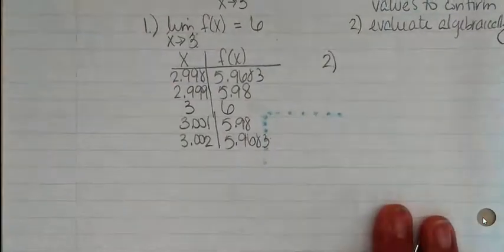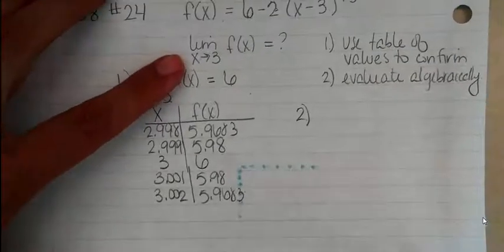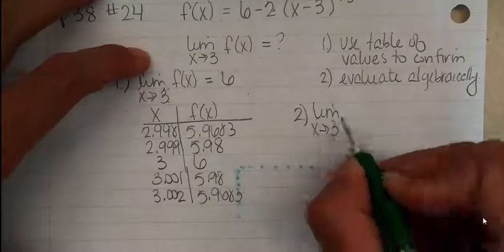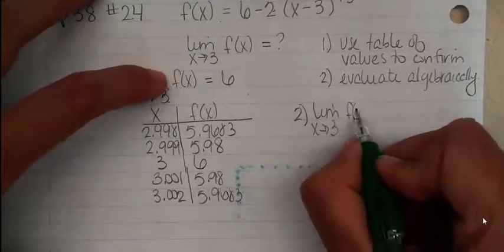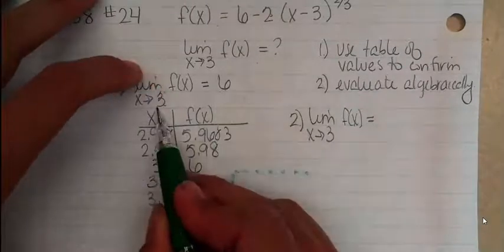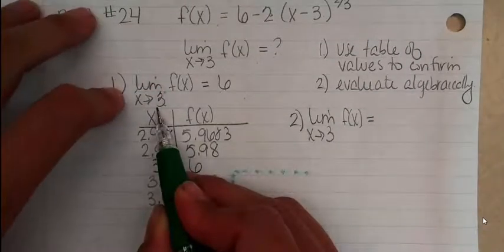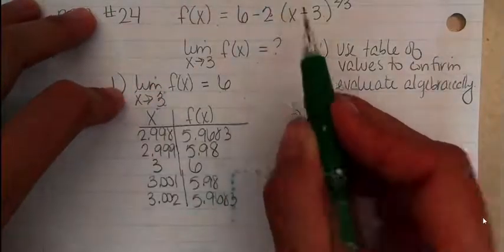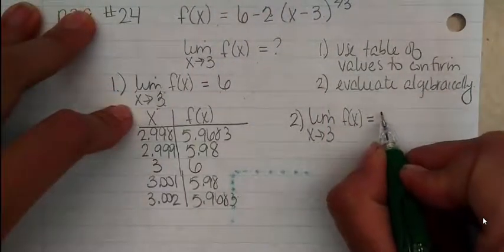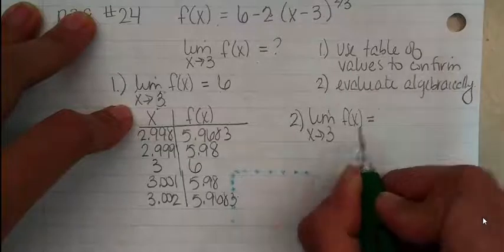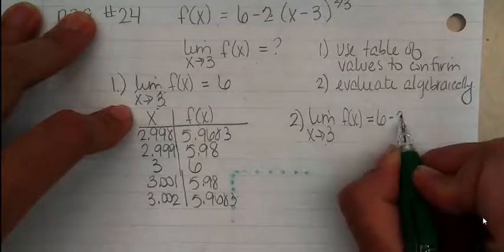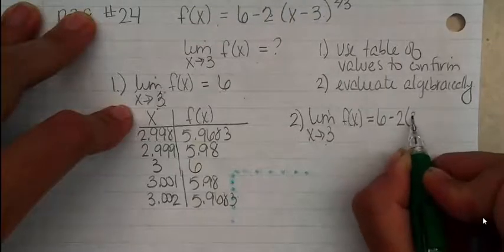So hopefully you remember this from pre-calculus, that if I'm looking at the limit as x goes to 3 of f of x, sometimes I can try to plug this limit or this x value into my function and see what happens. So that's what I'm going to do. I'm going to say, well, as we approach 3, this is going to take on the form that my input will be 3.